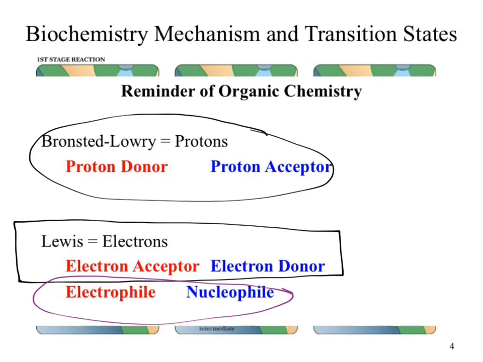So when I say acid and base, I'm referring to Bronsted-Lowry. And when I'm talking about covalent structure changes, I'm looking at electrophile and nucleophile. I very rarely use the definition of Lewis acids and bases because it's not specific enough to the reaction we're looking at, since everything is a Lewis acid and base. Other questions on that?